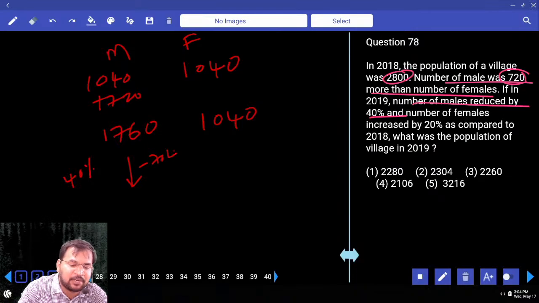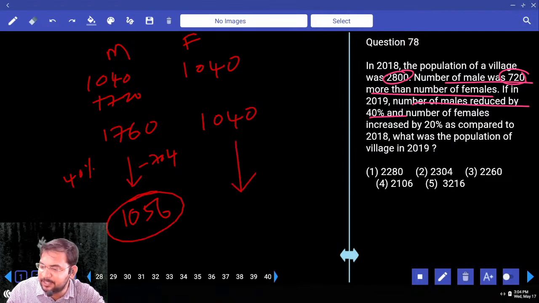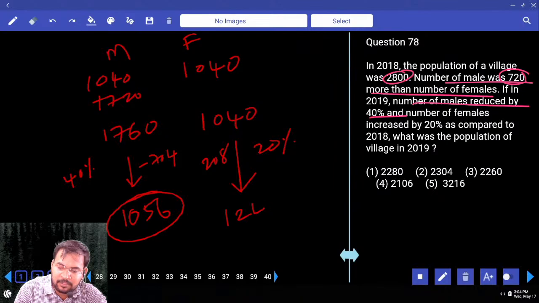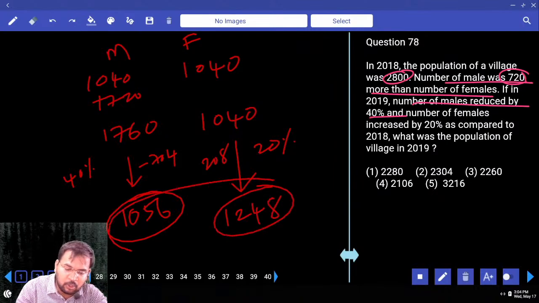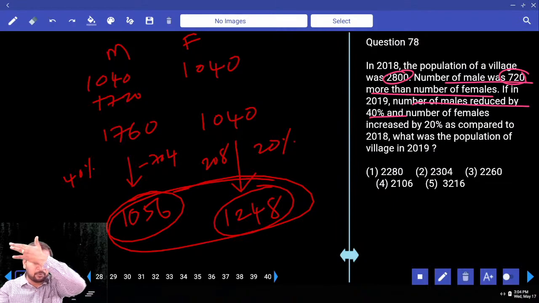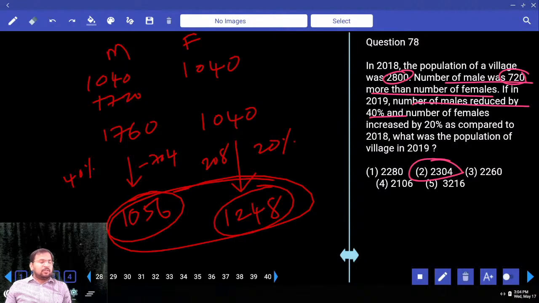If you subtract 704 from 1,760, the remainder will be 1,056. Next, females are increased by 20%, which is nothing but 208. Together it is 1,264, and they are asking the total. So 2,304 is the 2019 population.